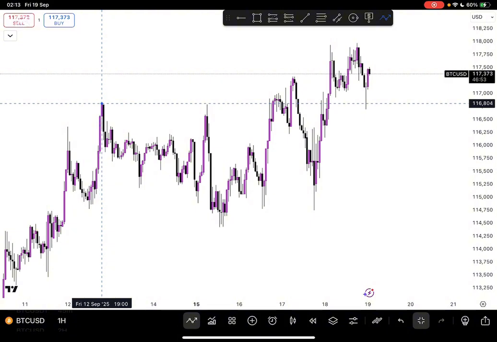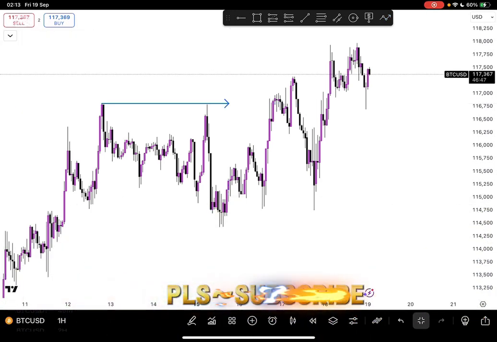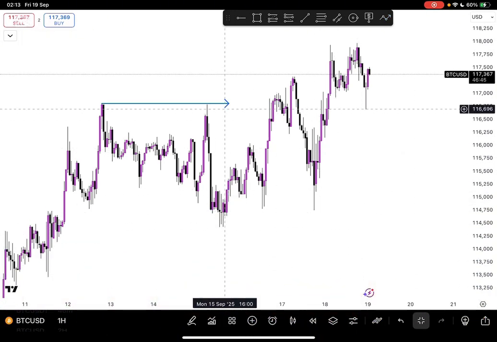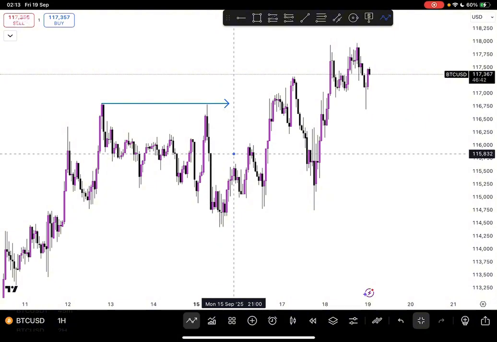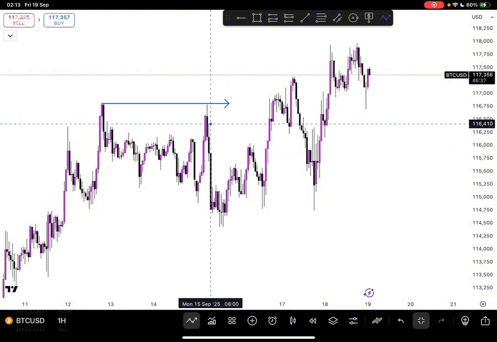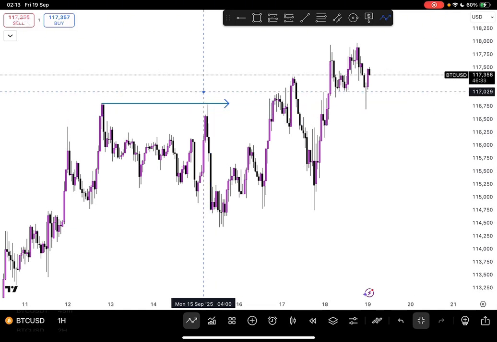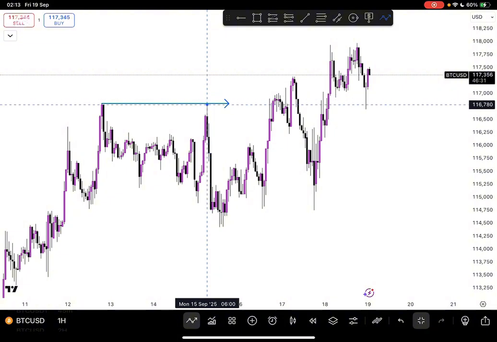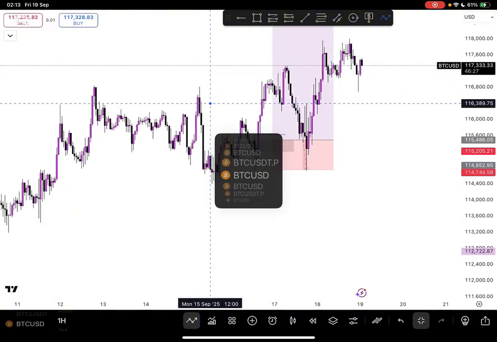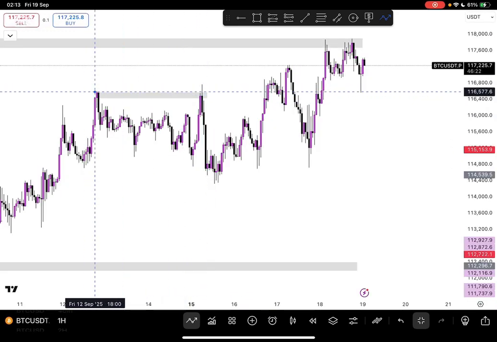As you can see here, market did not take out this high like it did on the other market price. Had I known earlier that market did not take out this high, I wouldn't have done that analysis, because what initiated this analysis in the first place was a sweep.